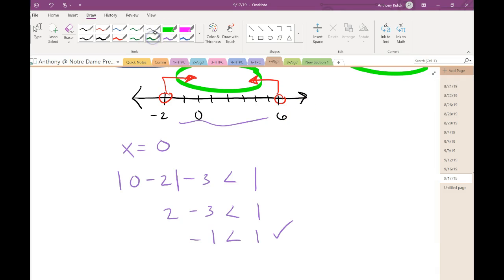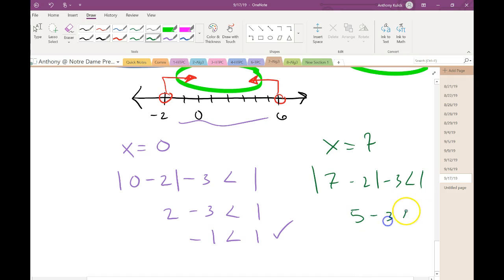If I picked something else that was outside of the range, say 7, and I try to do the same thing, I get 2 is less than 1, and that is not correct.